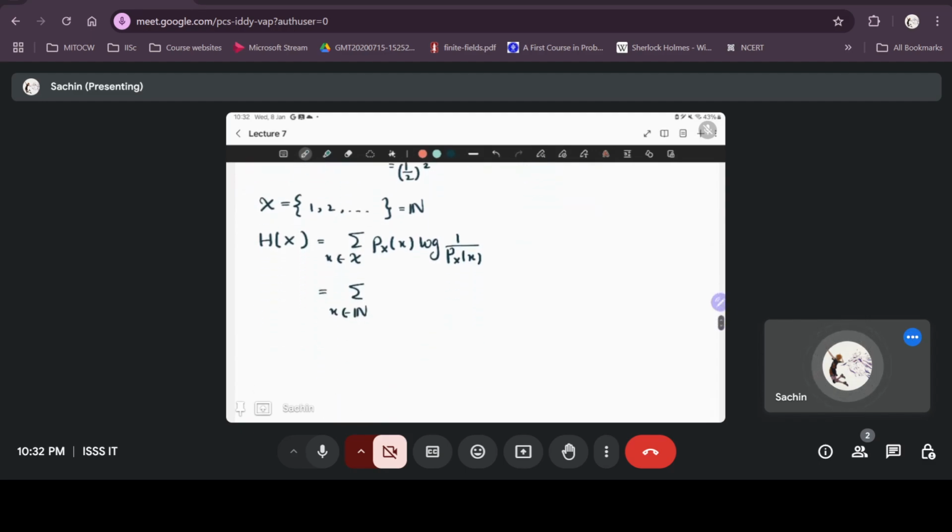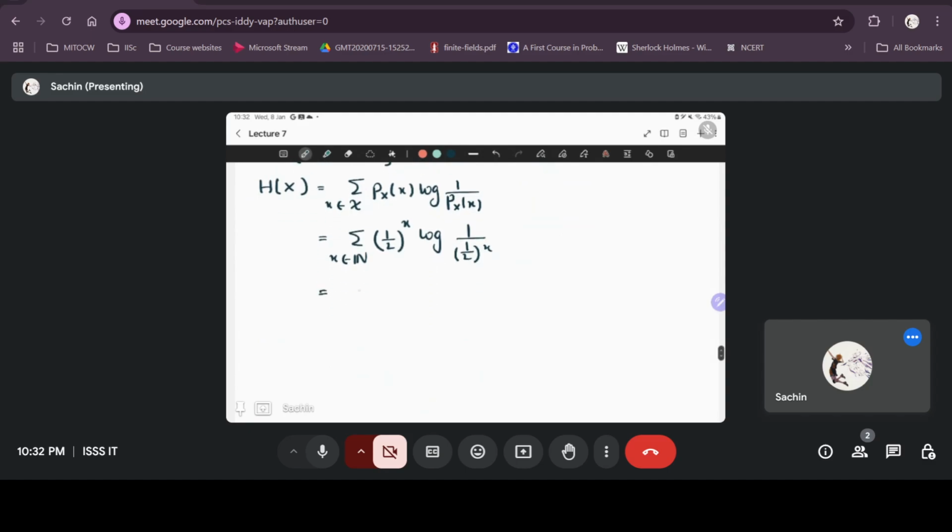So the probabilities are all powers of 2. So p_X of x is half power x times log 1 over half power x. Now 1 over half power x is nothing but 2 power x, and log of that to base 2 is nothing but x, so it's x.